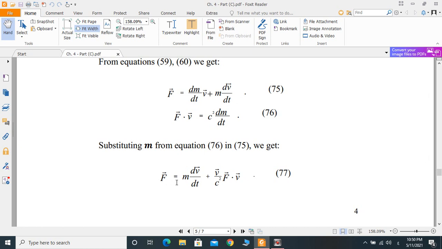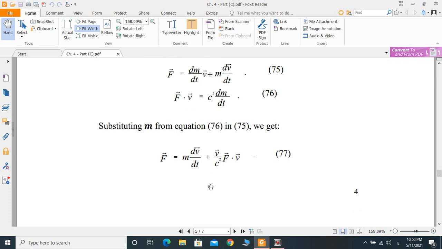Then we get F equals m dv by dt plus v by c square F dot v. F is the force, the triple force, and dv by dt is the acceleration vector.